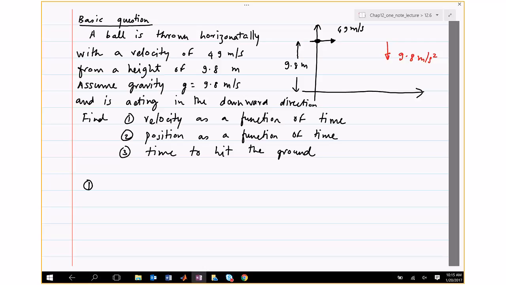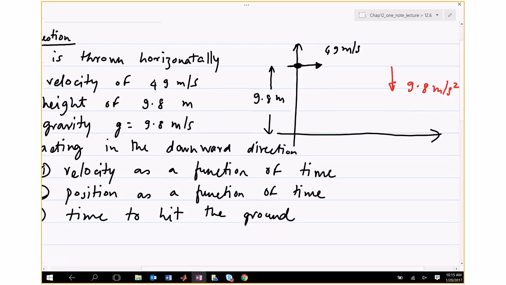Is that right? 49 meters per second. Yes.